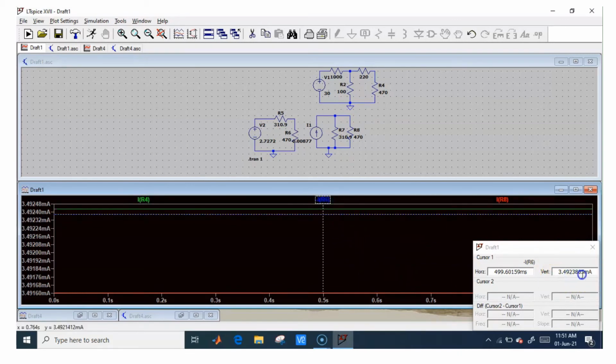Here also 3.49 milliamps. From this I hope everyone understood that we can make the bigger circuit into the Thevenin equivalent or the Norton equivalent in order to find the load current or load voltage, anything according to the given question.